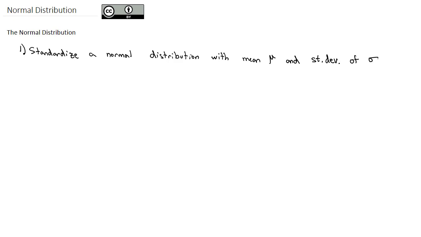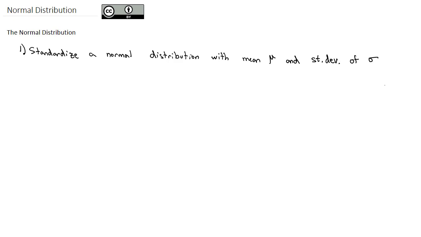So one way to get around this problem is we can standardize a normal distribution with a mean of mu and a standard deviation of sigma.